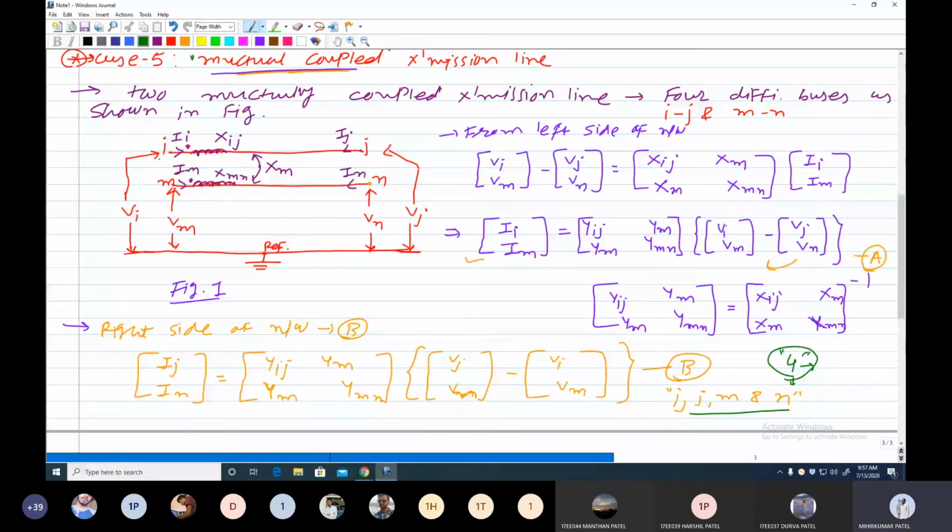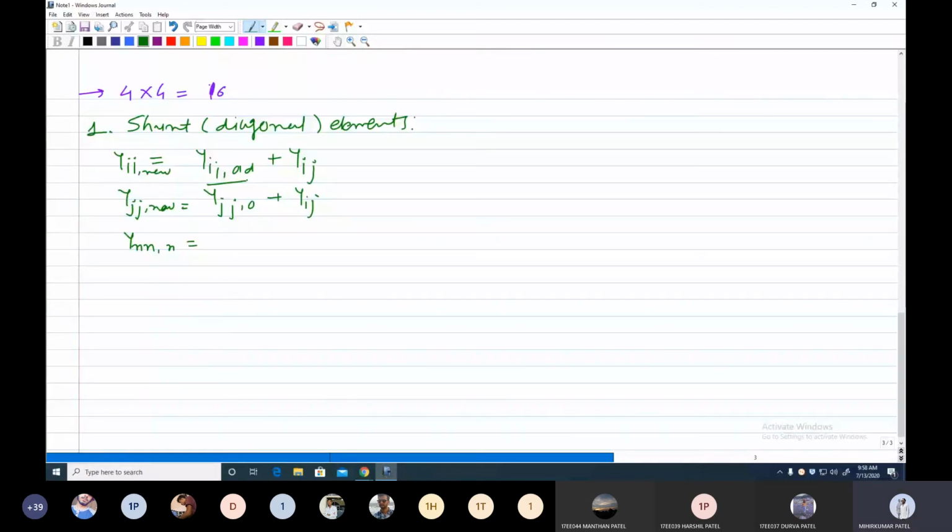Yii new is equal to Yii old plus this transfer admittance. Similarly, you write for Yjj: old plus series admittance. Similarly, for bus number n, it is Ynn old plus the transfer admittance Mn. Yes, it is Mn or Nm.